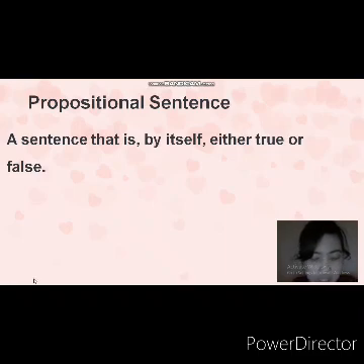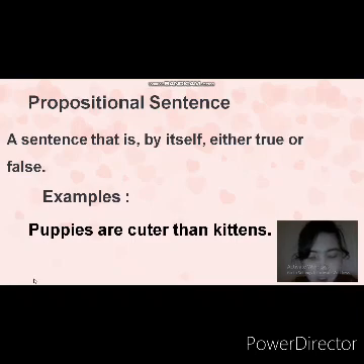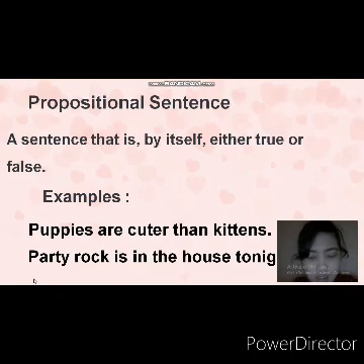We shall consider only truth-functional combinations, in which the truth or falsity of the new sentence is determined by the truth or falsity of its component sentences, called propositional sentences. So, a propositional sentence is a sentence that is by itself either true or false. Examples: Puppies are cuter than kittens. Party rock is in the house tonight.